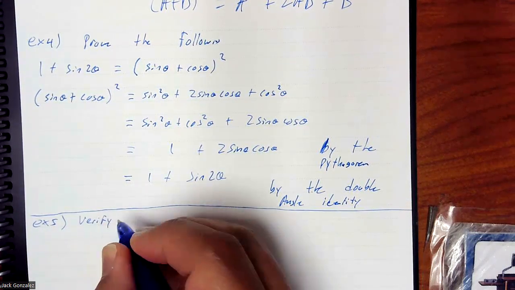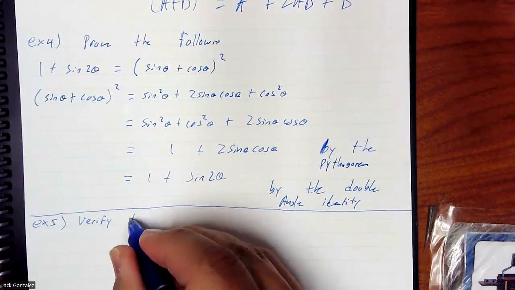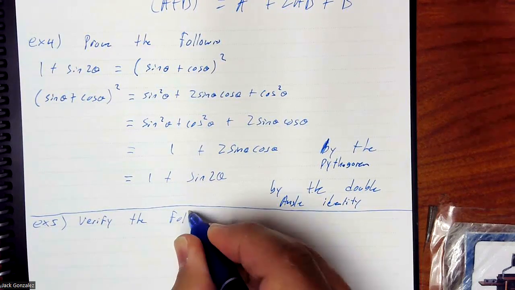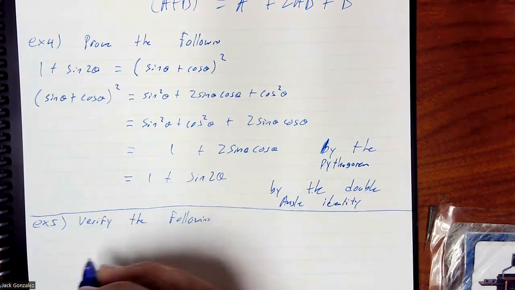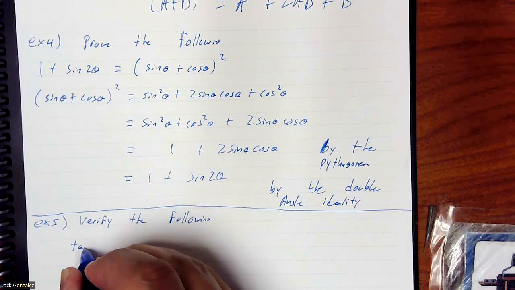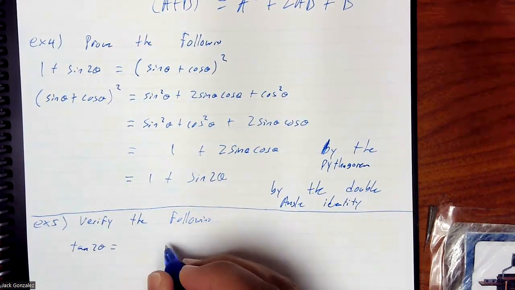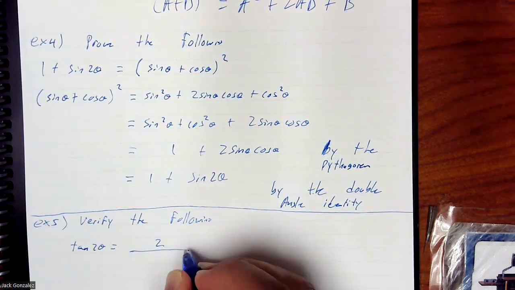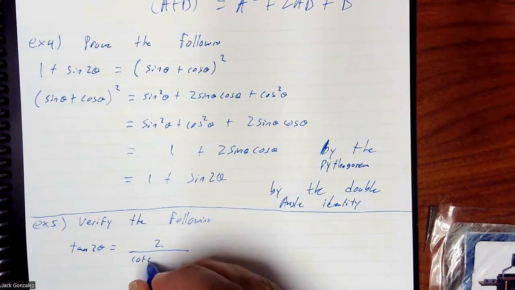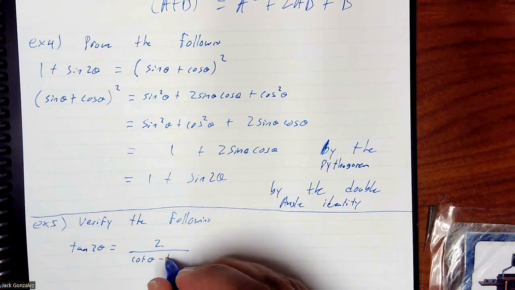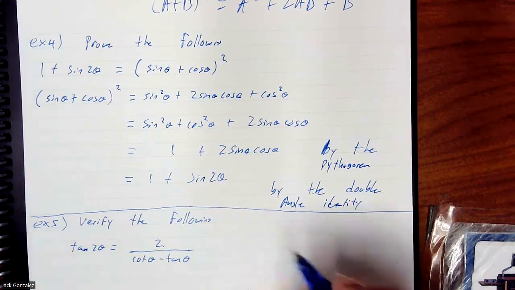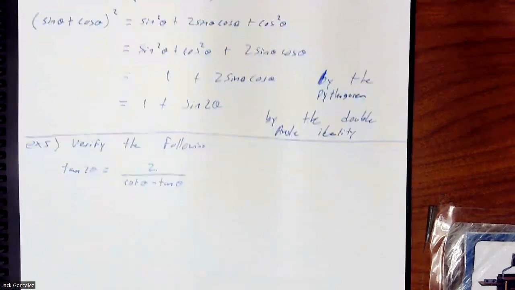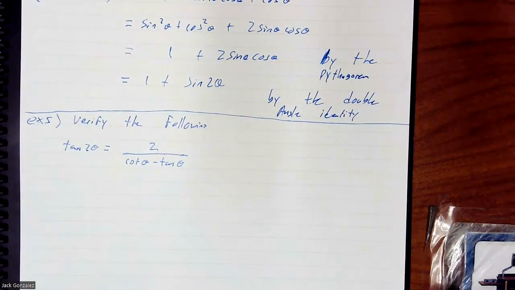They may, if they don't say prove, say verify the following, which is the same thing. Verify that these two sides are equal. Okay.